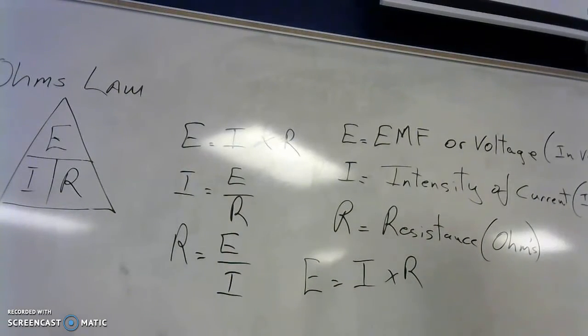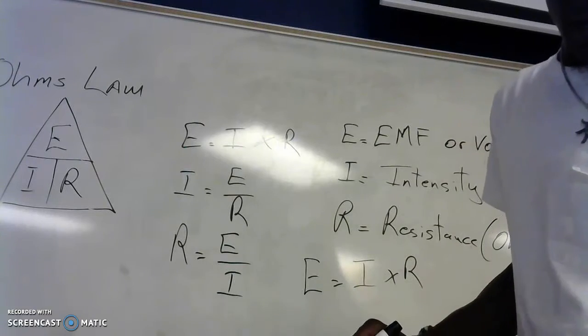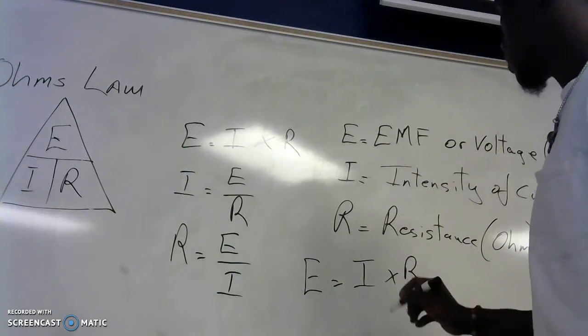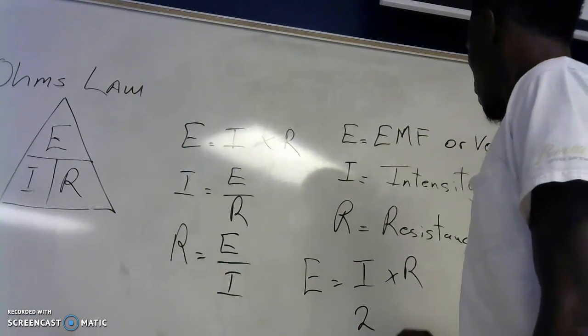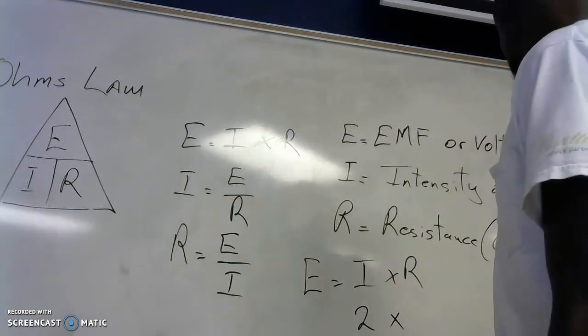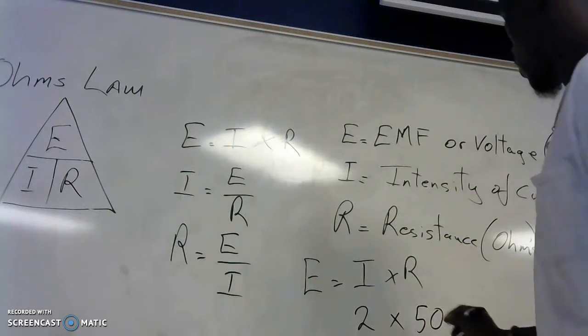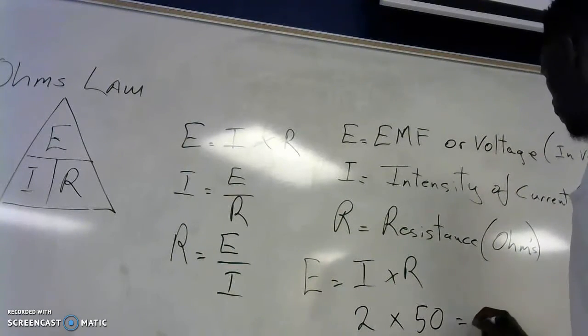For the I, the intensity, which is the current, in amps, is 2, times the 50 ohm resistor. So 2 times 50 is 100.